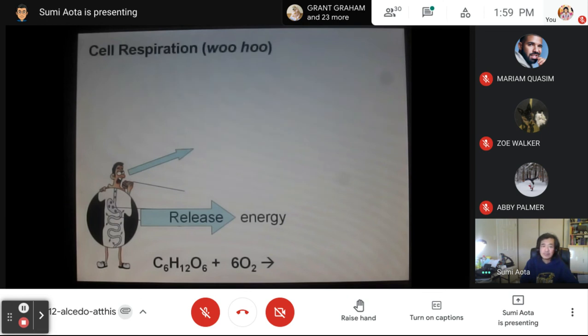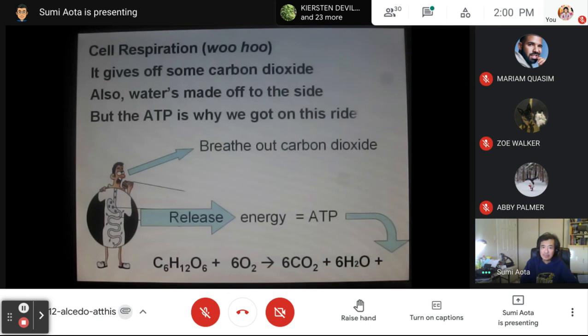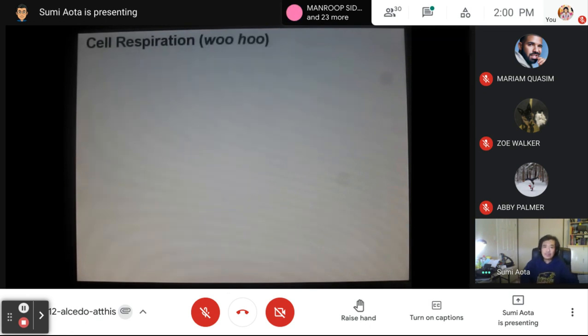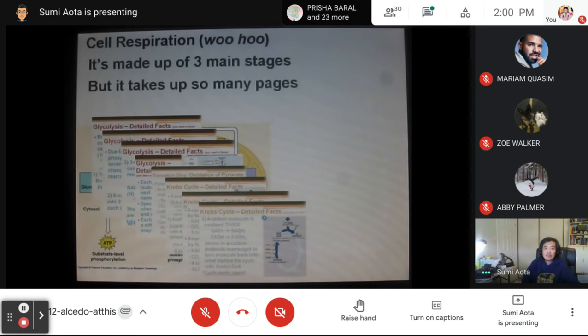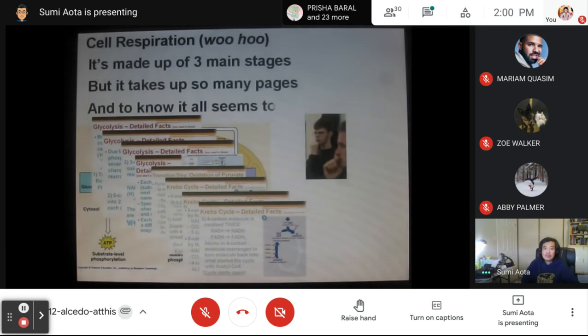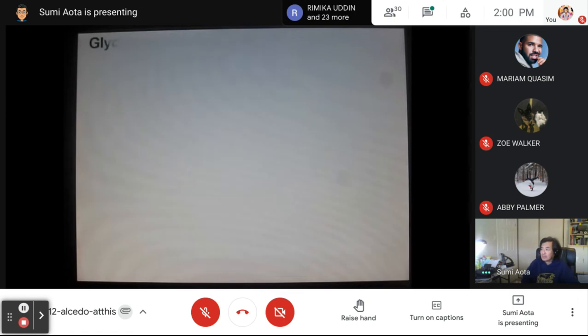Cell respiration. It gives off some carbon dioxide. Also water's made off to the side. But the ATP is why we got on this ride. Cell respiration. It's made up of 3 main stages, but it takes up so many stages. And to know it all seems to take many ages.